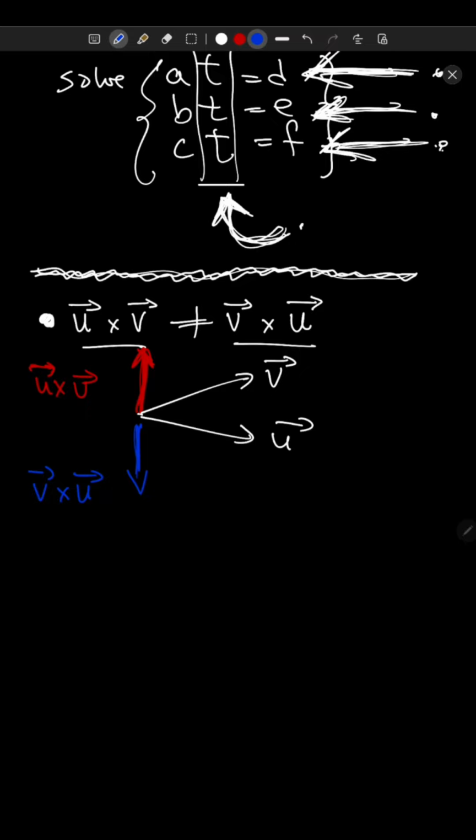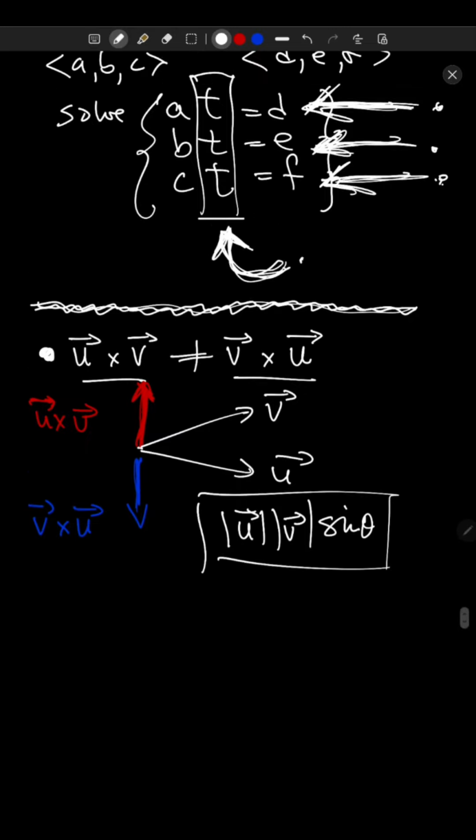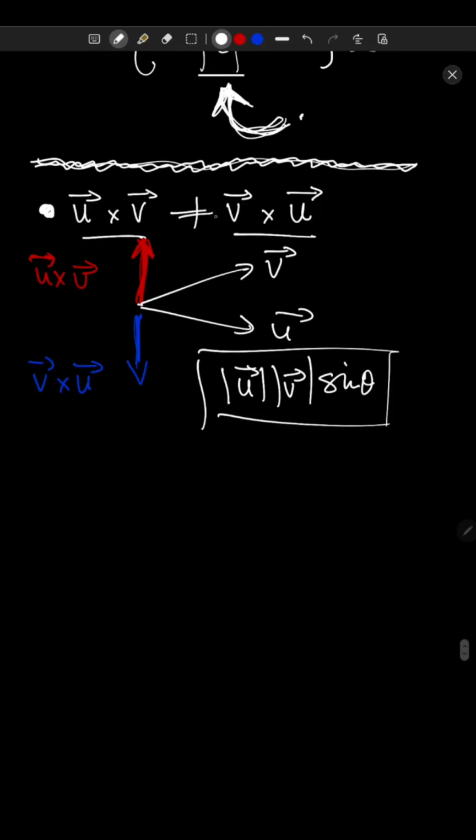So they're definitely not equal. However, it's not like there's no relationship between them. They're in opposite directions, and they have the same length, of course, because both of their lengths are length of u, length of v, sine theta. So they're the same length, but in opposite directions. They're not equal, but it's not like they're completely different from each other.